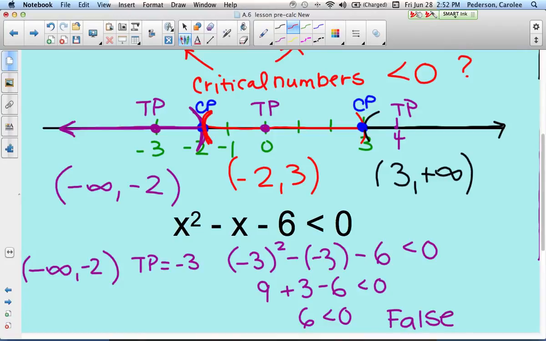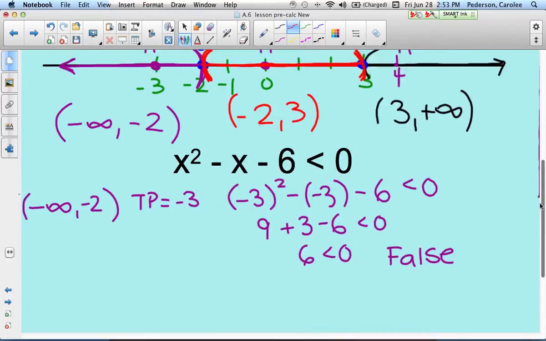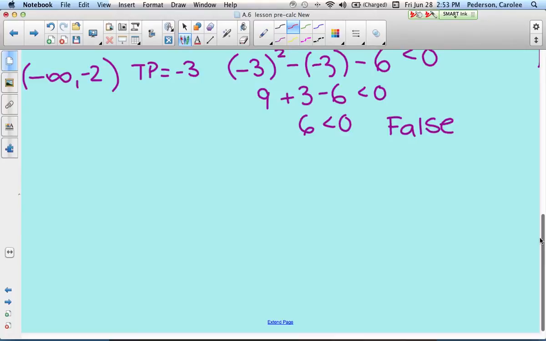Now let's go on to this red interval next, going from negative 2 to 3. And I chose the test point of 0. Remember, it could be any point along this interval. Now I just chose 0 because 0 is a nice number to substitute in. And I want to see if it's true or false. So my interval is from negative 2 to positive 3. My test point is 0. And I'm substituting into that black inequality.